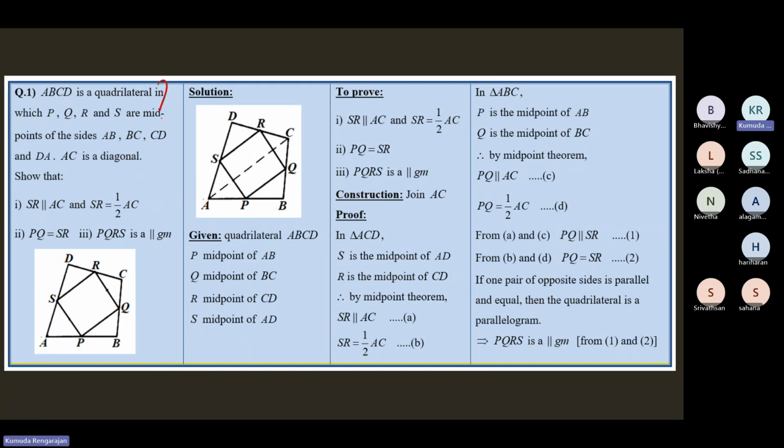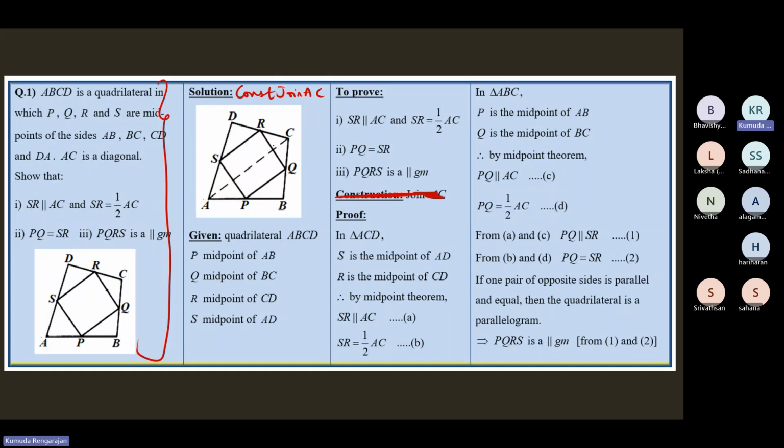In the diagram you can see here, we have joined AC. Maybe in the question figure, the diagonal AC is not connected. That's why the construction is: join AC. You need to draw the diagram and join AC.